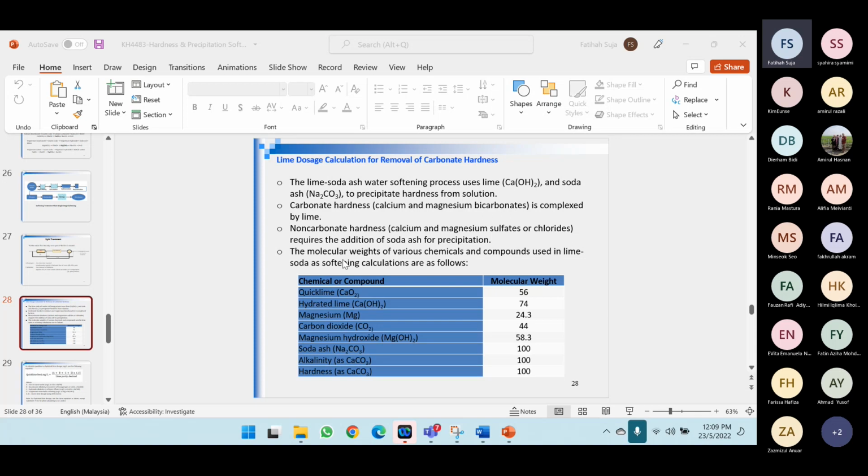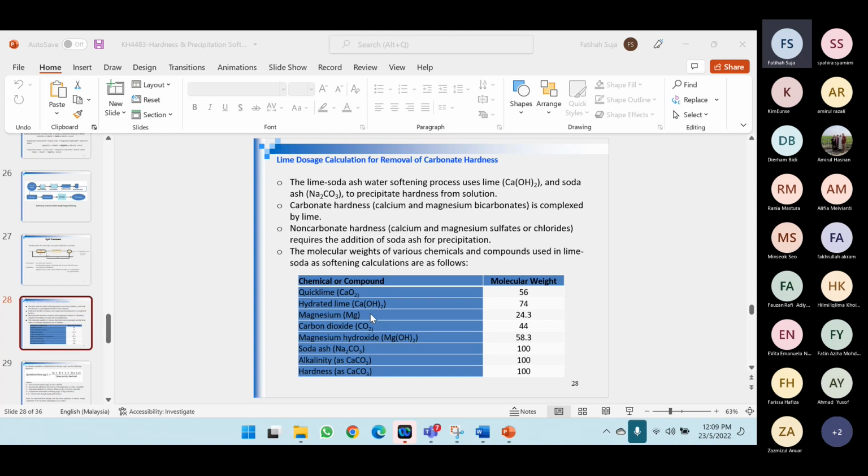So the molecular weights of various chemicals and compounds used in lime soda ash softening calculation are as follows. This one are all the molecular weights for most of the lime and soda ash softeners that are commonly used. So it's easy for you.